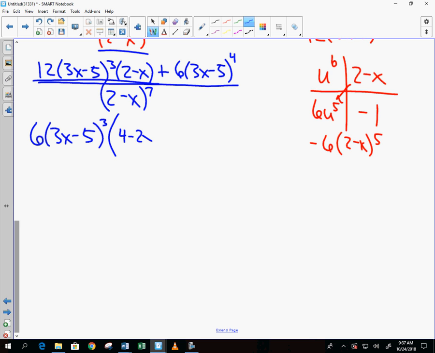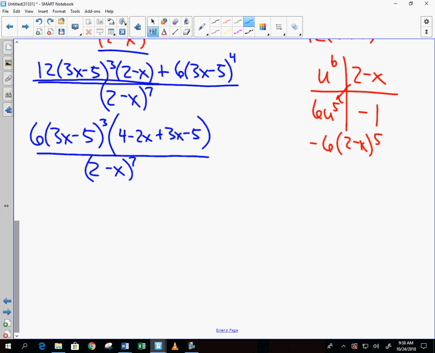And if I take the 6 times 3x minus 5 to the third out of that, I'm left with plus 3x minus 5. Yep. All over 2 minus x to the seventh.